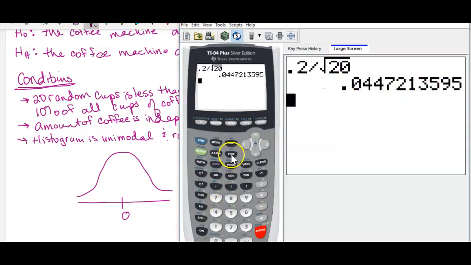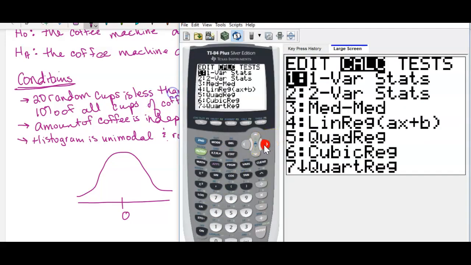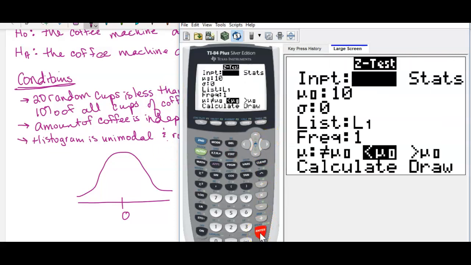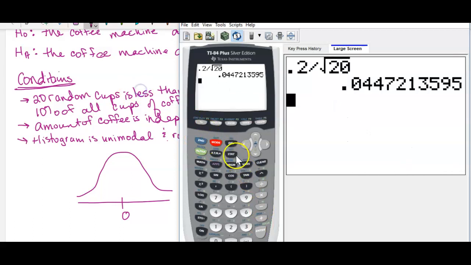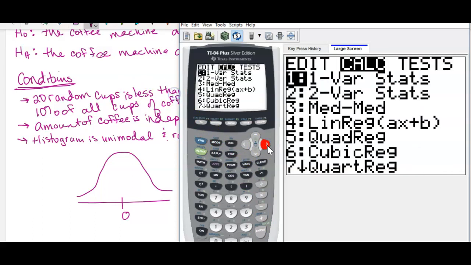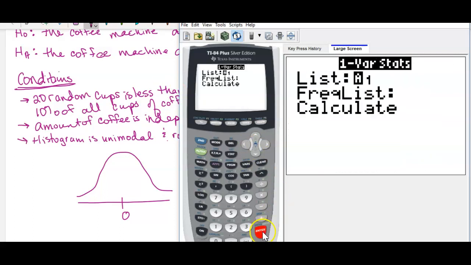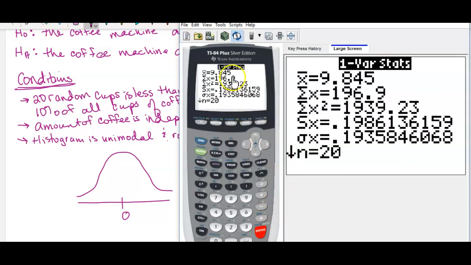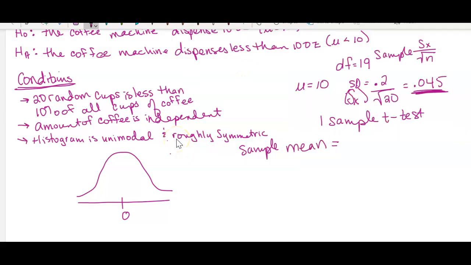That's back at the 1-Var Stats. Oops, I hit the wrong thing. I was going to z-test. Stat, 1-Var Stats. And so our mean is right here, 9.845.